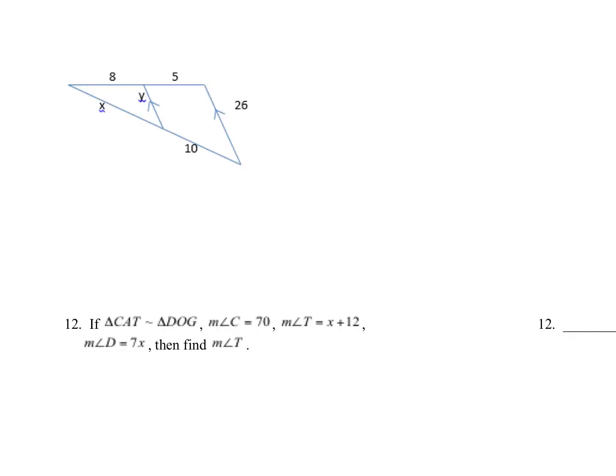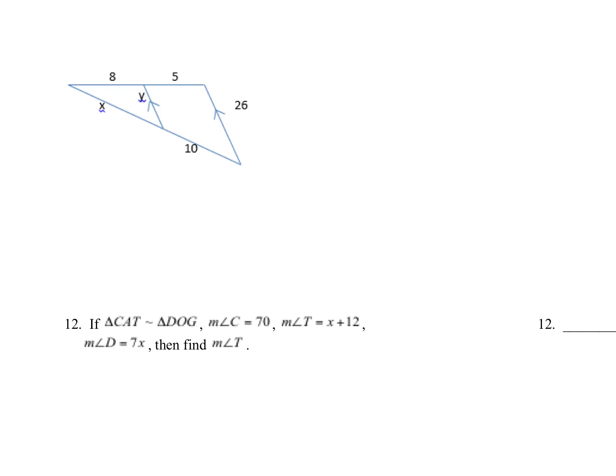All right, this one's a little bit wonky because the first part's the side splitter, but the side splitter is rotated on its side, where we were seeing side splitter like this, and it was this over this and this over this. Now it's been rotated counterclockwise to the left.